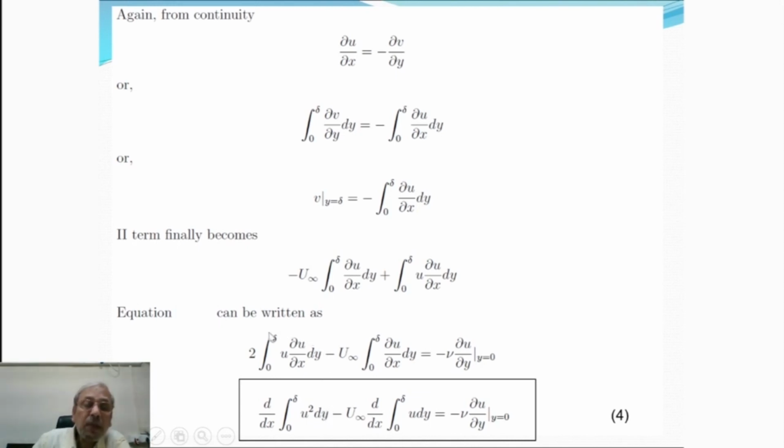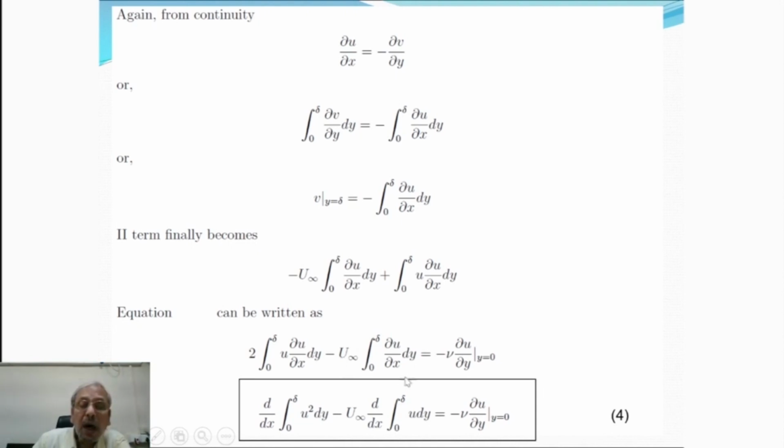So basically we apply Leibniz rule to evaluate differentiation under the sign of integration. So twice integral 0 to delta u ∂u/∂x dy, we can write as d/dx, and this is no longer a partial derivative, this is an ordinary derivative, of integral 0 to delta u square dy.